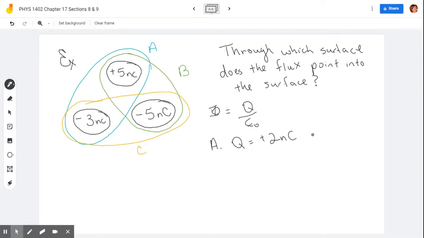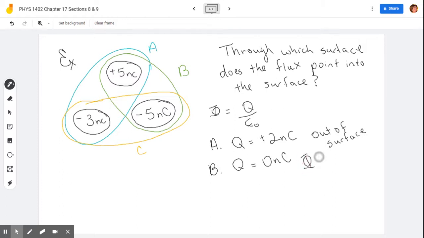That is going to be out of the surface. Anytime you have a positive charge enclosed, the net flux will be out of the surface. In B, that's the green surface, the total charge is 0. That means there is no net flux.